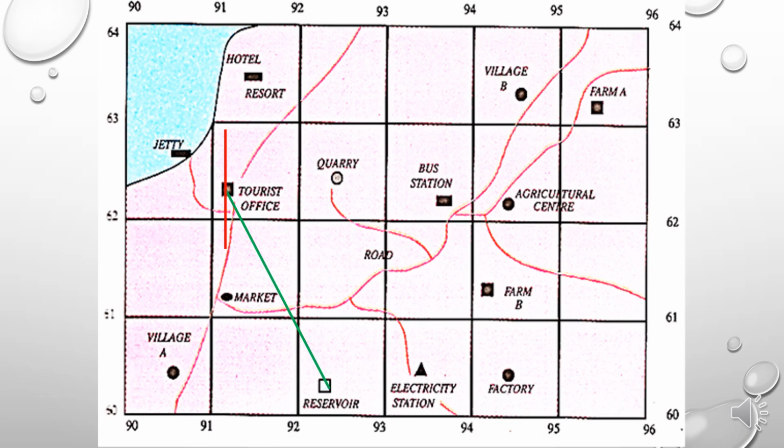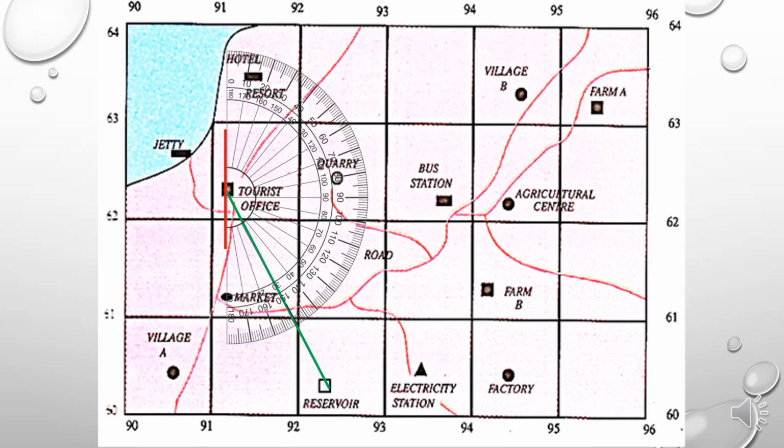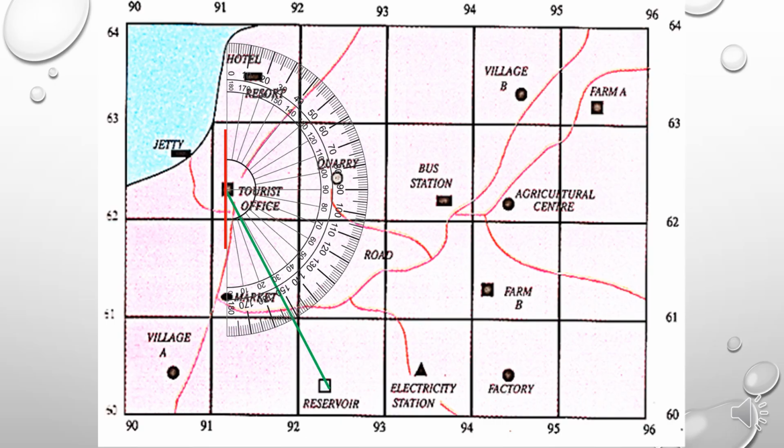We must now place our protractor properly along the vertical line passing through the tourist office, once again ensuring that the center of the protractor is on the tourist office. The line that connects the tourist office to the reservoir passes through the angle 152 degrees. Therefore, the bearing of the reservoir from the tourist office is 152 degrees.